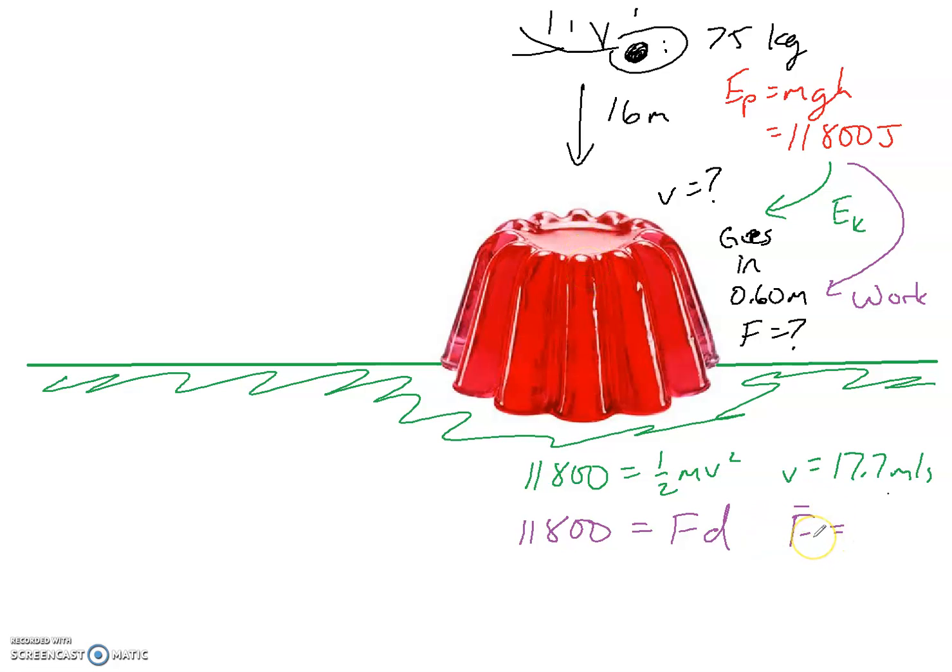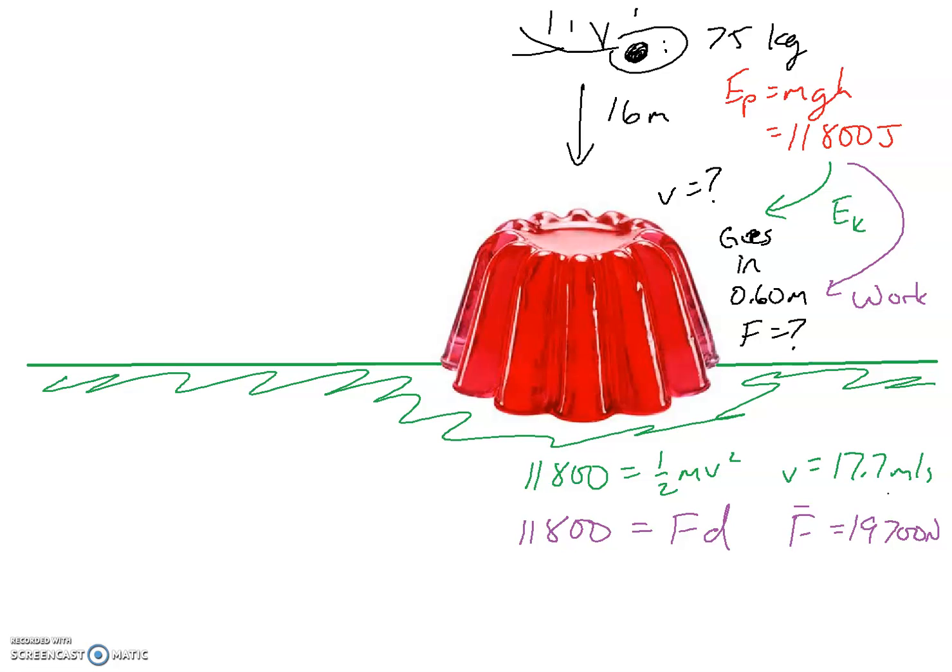So this would be the average force, which is fine. So I've got the 11,800 joules of energy. We're going to divide that by the 0.6, and then we get approximately 19,700 newtons of force actually being used to stop the person when they hit the jello. And that would be the average force.